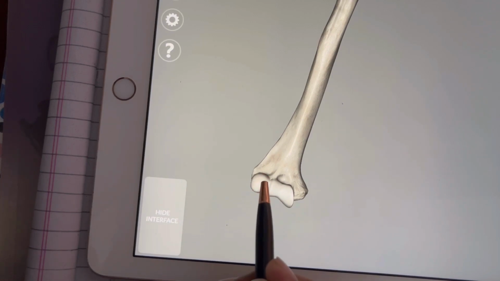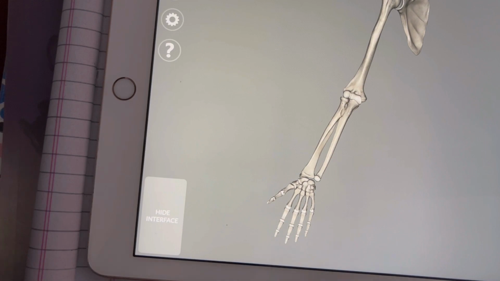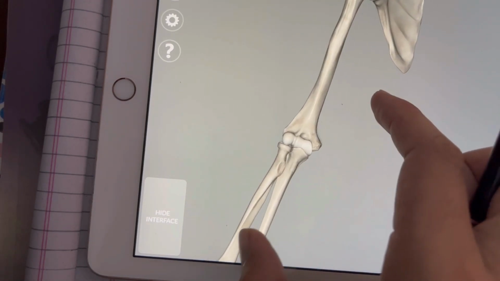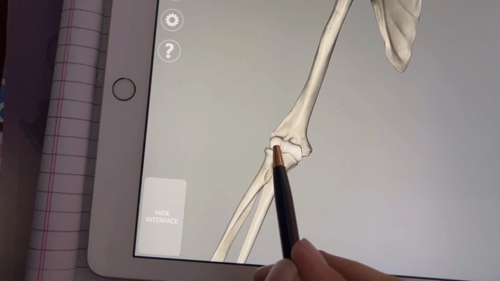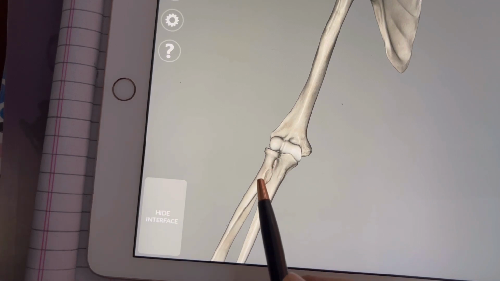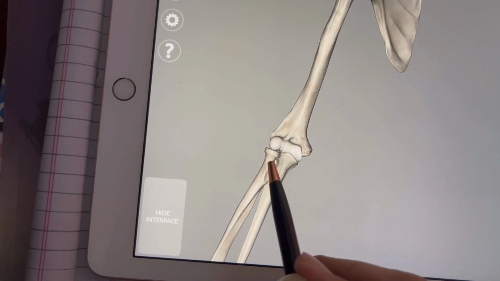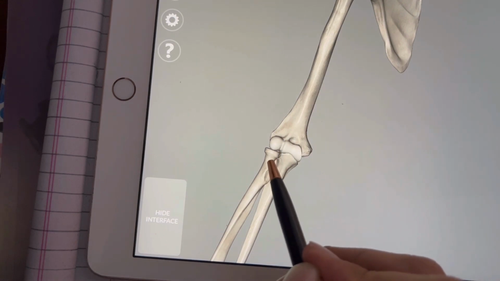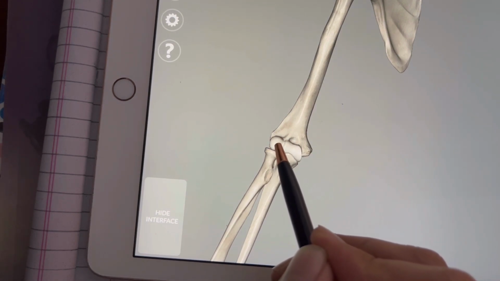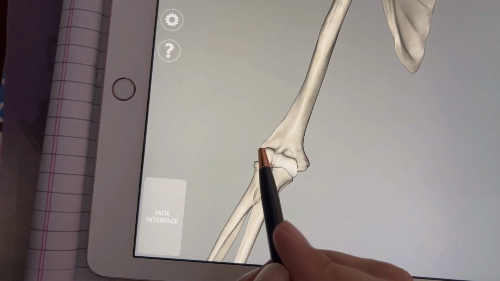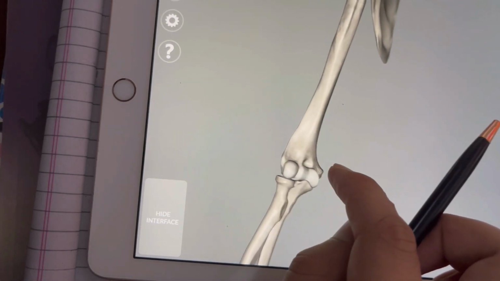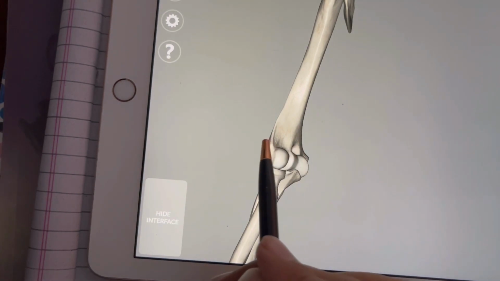This capitulum is small and round, and it articulates with the radius bone. As you can see, this is the capitulum and this is the radius bone. The radius bone articulates with the humerus at the capitulum region, and above the capitulum we have the lateral epicondyle. This epicondyle is small and round.